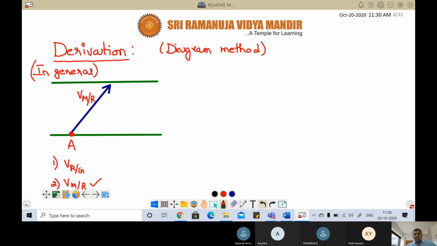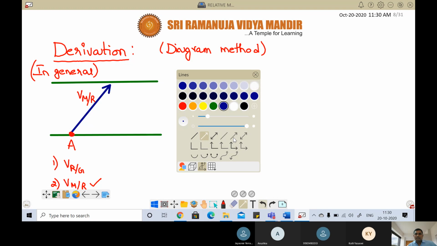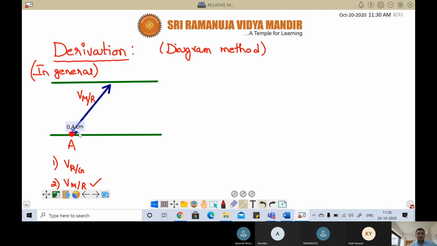First, in the diagram method, I will resolve this into two components: one is the x component, another is the y component. Let me take this angle as some theta.